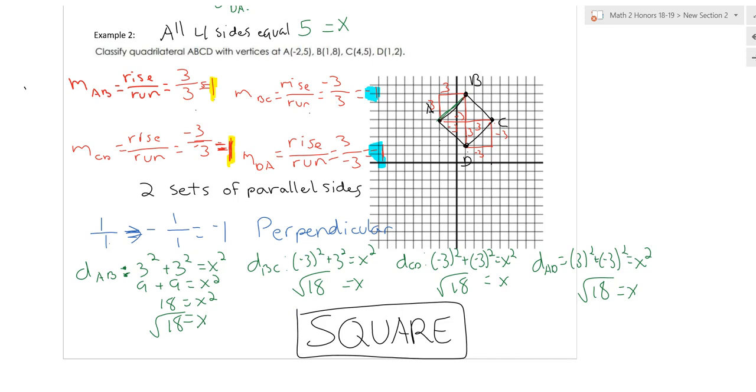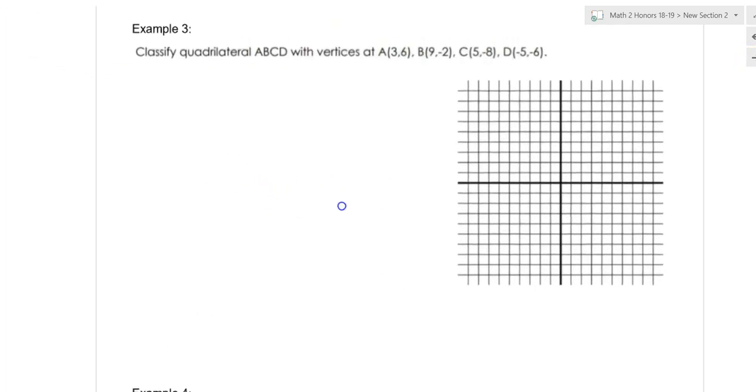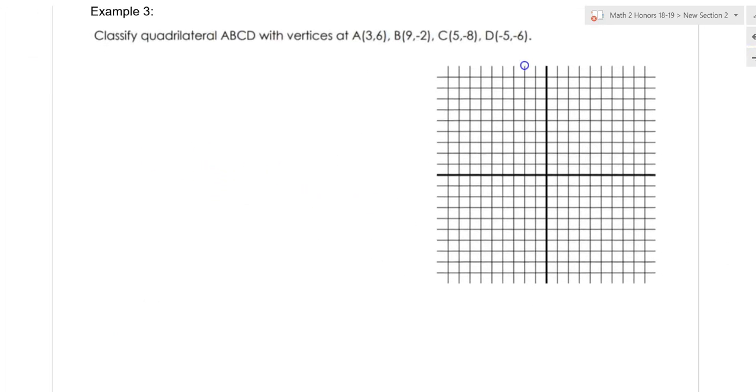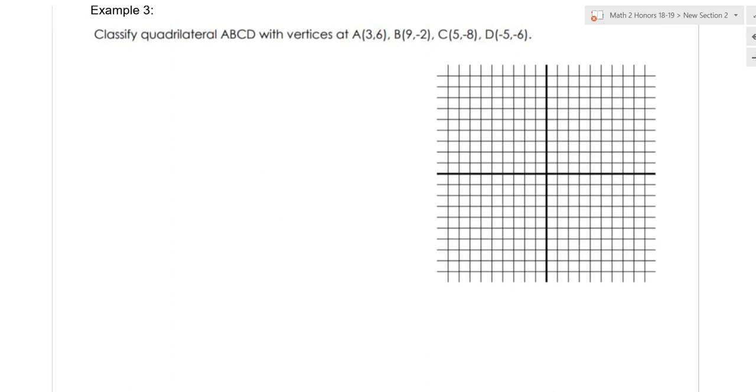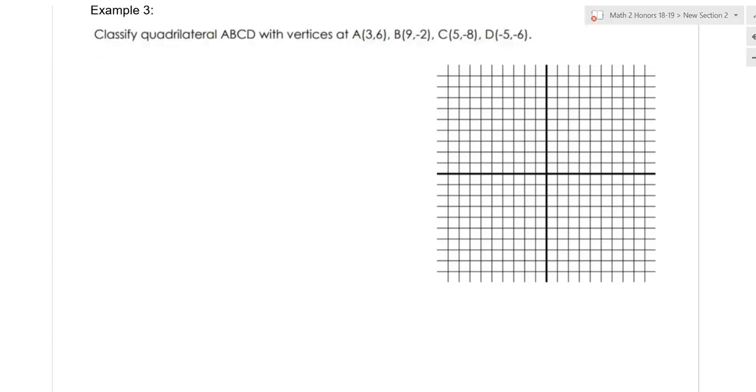Go ahead, turn to the next page. We're going to do one more example. Classify quadrilateral ABCD with vertices at 3, 6, 9, -2, 5, -8, and -5, 6.